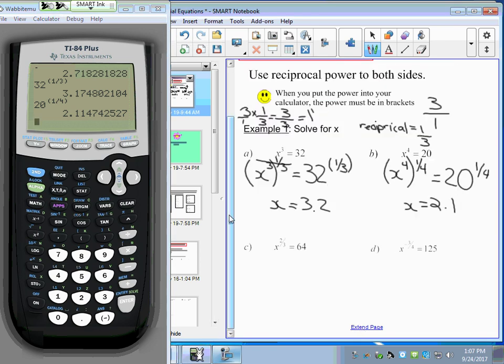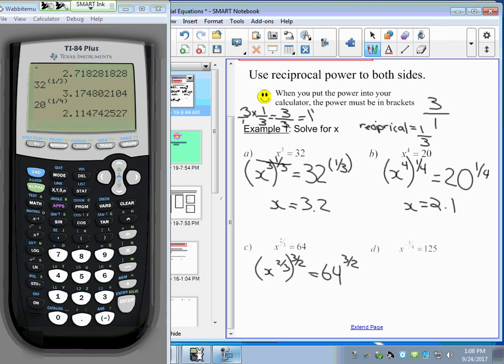All right, moving right along. So remember, we got those numbers by taking the reciprocal. So for this one, when it says x to the power of 2 over 3 equals 64, we're going to do the exact same thing. We have x to the power of 2 over 3, and we're going to raise it to the power of the reciprocal. Reciprocal of 2 over 3 is 3 over 2, flipping top and bottom, equals 64. And then if we do it to one side, we do it to the other.